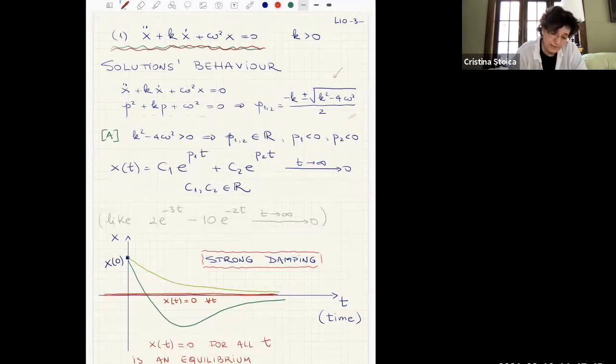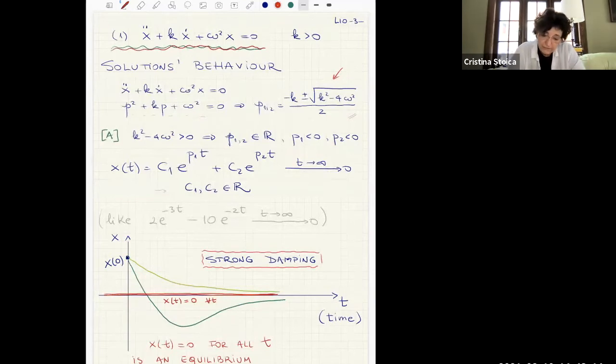So the first case is when the roots are both real, and it just turns out that they're both negative. I mentioned this last time that one can prove that they're negative for this kind of quadratic and this kind of roots. Then we write the general solution in its full splendor, where these constants C1 and C2 are determined by initial conditions.